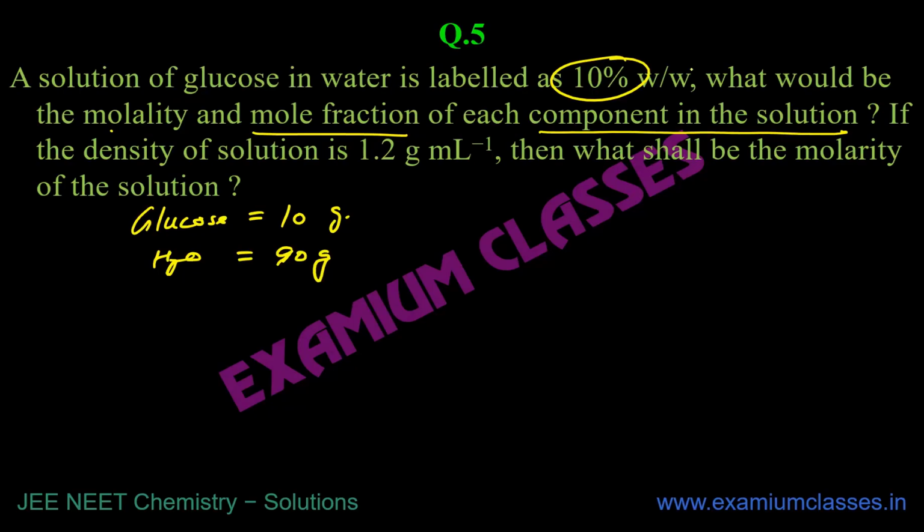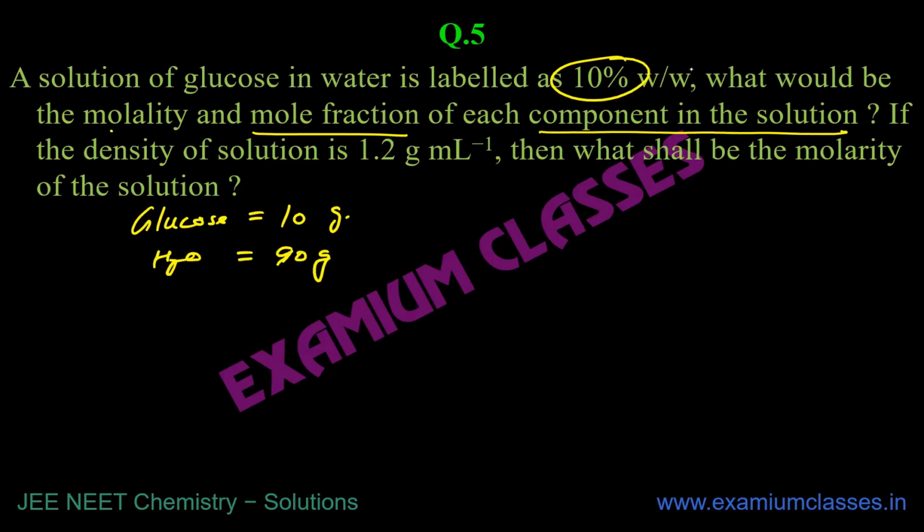And that is the common mistake. Students take 100 gram because they normally have the feeling that out of 100, 100 is solution. And because most of the questions are related to molarity, I have seen students making mistakes here. So that is the case only if you know that, and if you can figure that out, then you will be able to answer the question very easily.